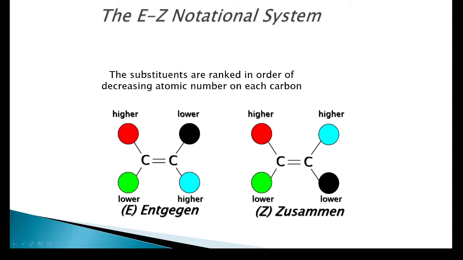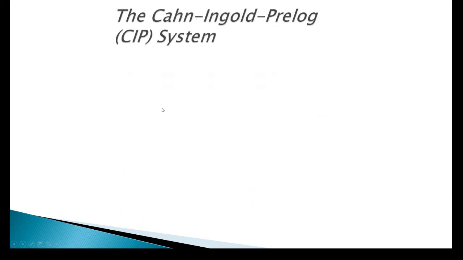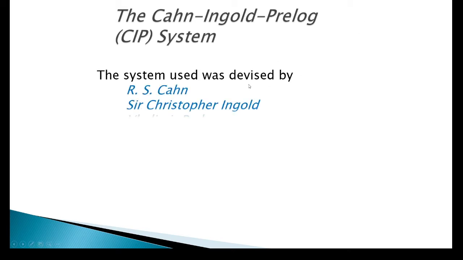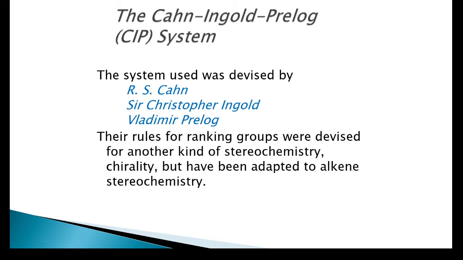Okay. The rules are also known as CIP rules, the Cahn-Ingold-Prelog system. And you might hear them as CIP. And they were named after Cahn, Ingold, and Prelog. All right.